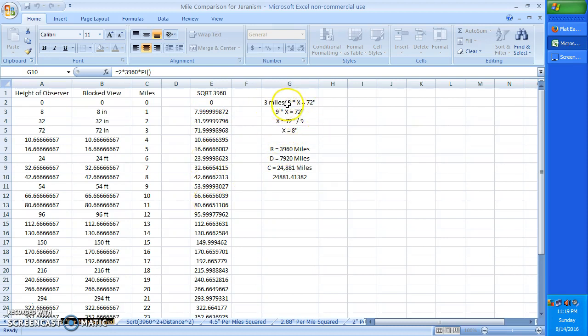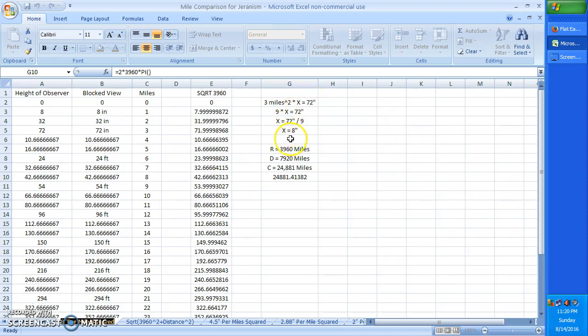And this measure is 3 miles visibility squared times some value x at a 72-inch drop. So 3 squared is 9. Divide both sides by 9. We have x equals 72 divided by 9. X equals 8. This is based on our visual 3 miles distance out with a 6-foot drop.